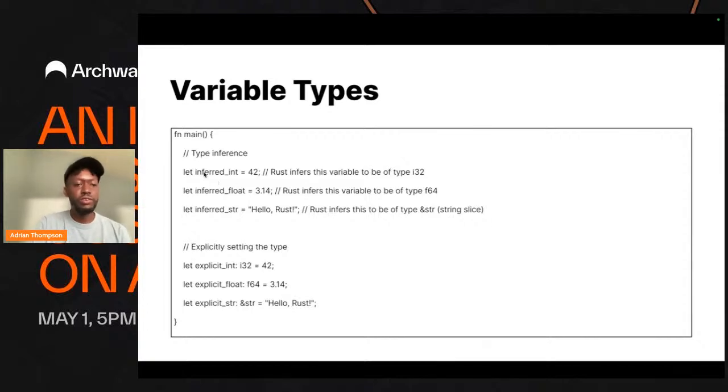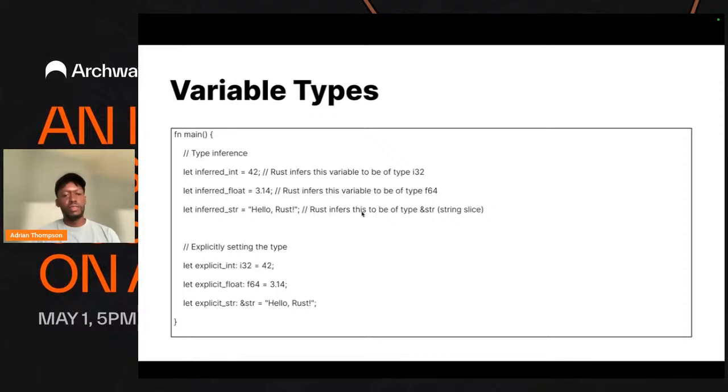So as you see here, by default, without setting the type, Rust infers the type. If it sees a number, it automatically assigns an i32 to that particular type. If it sees a floating point number, it automatically assigns an f64 type to the value. And if this is a string, it automatically assigns a string slice.